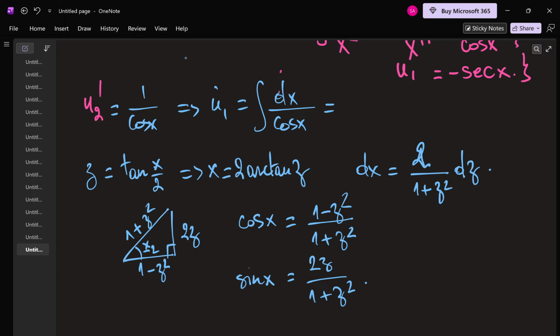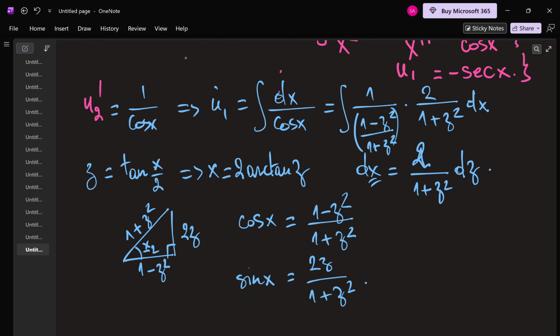Okay, so by this substitution, this integral will be equal to 1 over cos, which is 1 minus z squared over 1 plus z squared, and we substitute the dx by its value, which is 2 over 1 plus z squared dz.